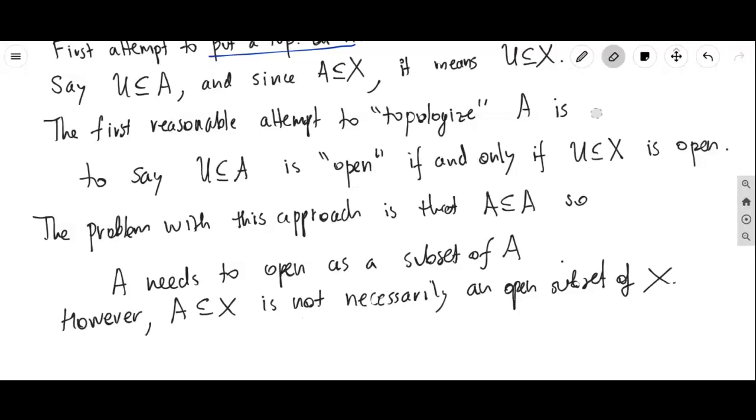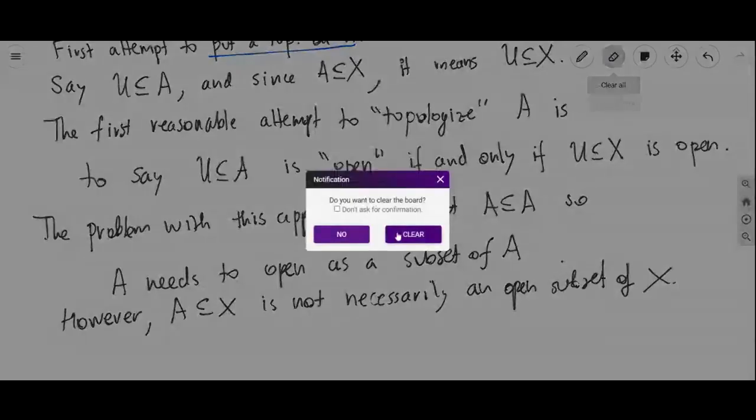So here's the way we're going to do it. So let's remove this, and let's make this a definition.